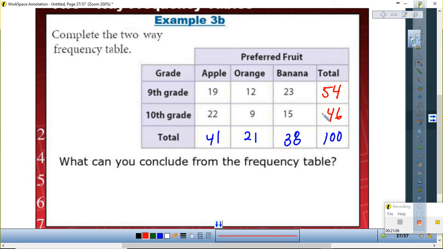Looking at the data, what can we conclude, everyone? Talk it over with your neighbors. Tell them what we can conclude given those totals in that table. Let's see if you can give me two things that we can conclude from this table. Alexander, give us one thing.